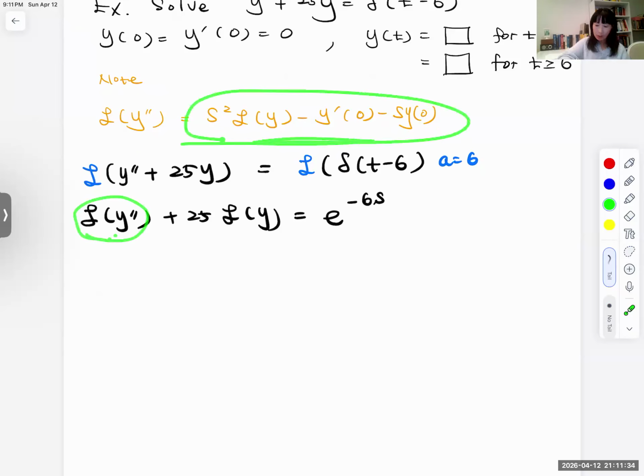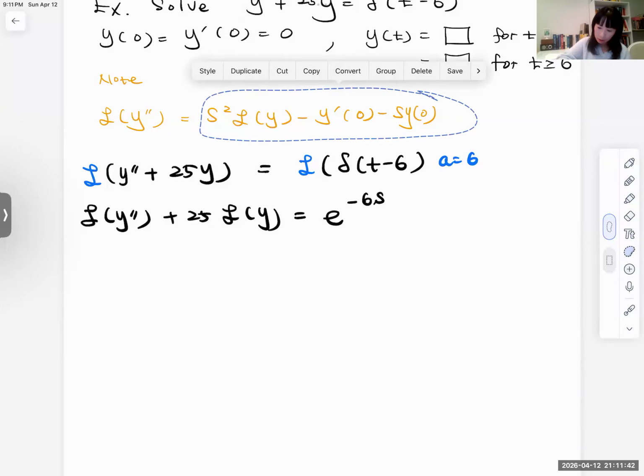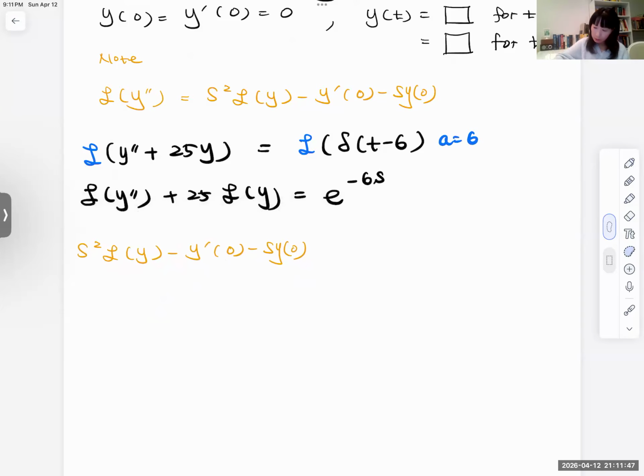So we rewrite everything. Let me just copy. Then plus 25 Laplace of y, which we had experienced, so we use this one as y over s, right?